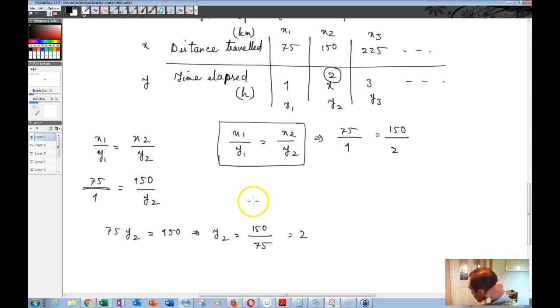So that's what you can do with this kind of formula, if you may call it a formula.